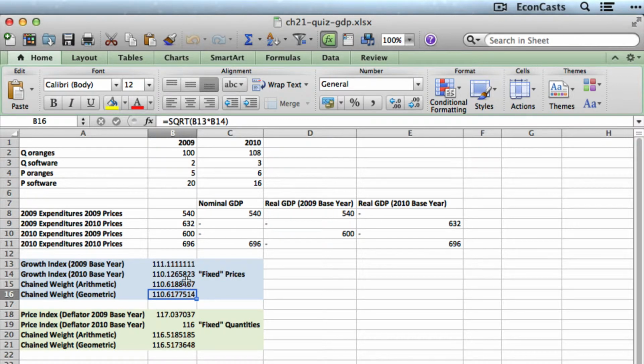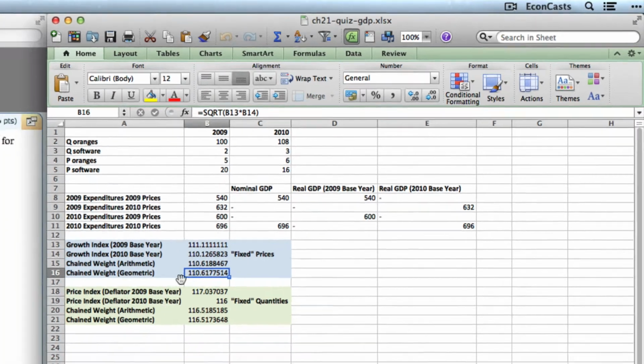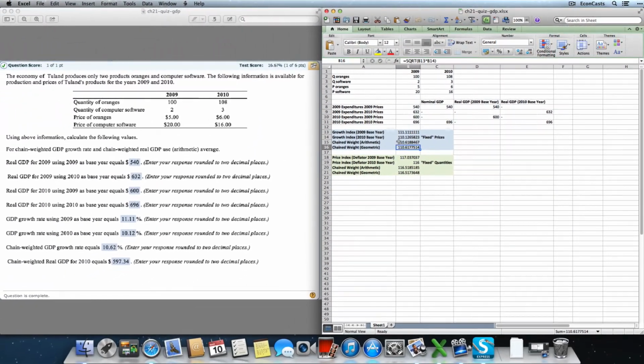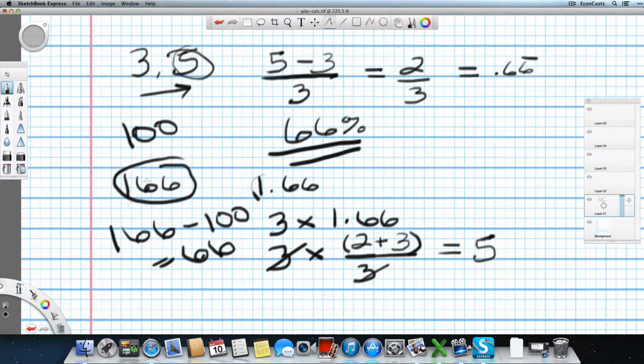Using the fixed weight estimates, we arrive at the chained weight growth rate. You'll notice that these two numbers aren't that different, and for a lot of these examples that's going to be true. Now we look here at our GDP growth rate using 2009 as our base year. We can get that from the cell here. It's a 111, so recall that an index of 166 means a 66% increase.